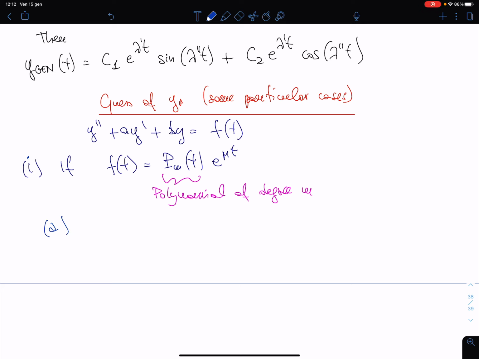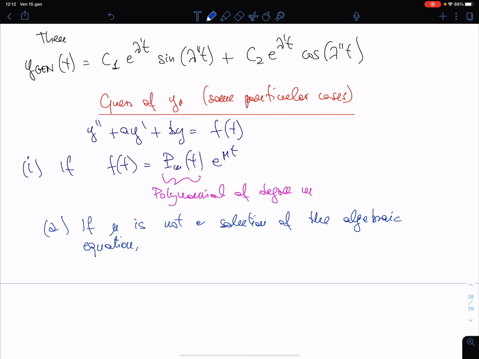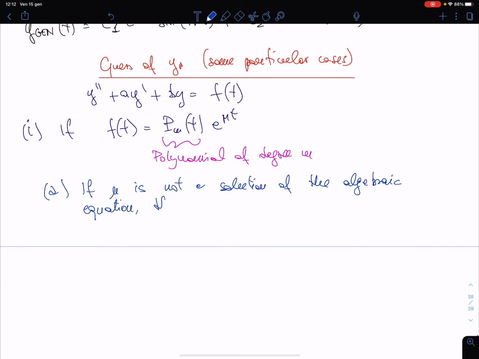Then, first point, 1A. We have to distinguish two cases. If mu, this is the generic case, is not a solution of the associated algebraic equation, which is also sometimes called the characteristic equation, then the guess is the following.